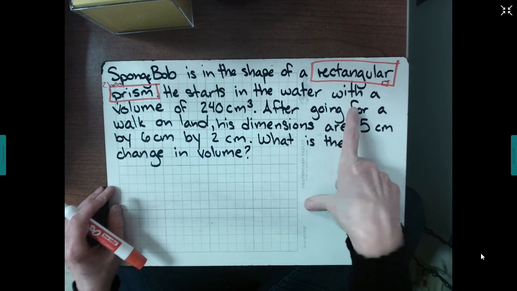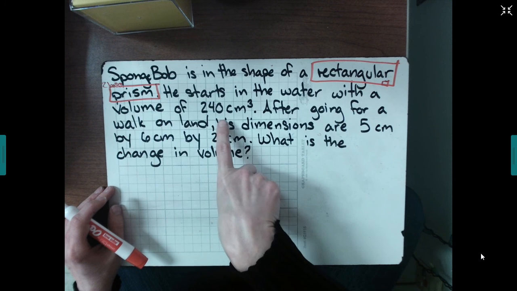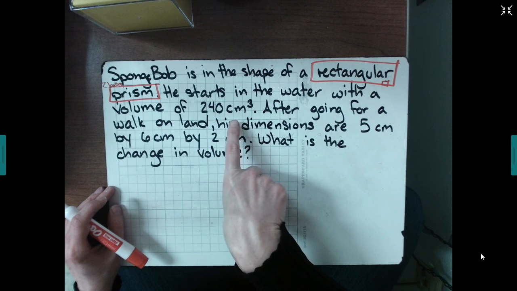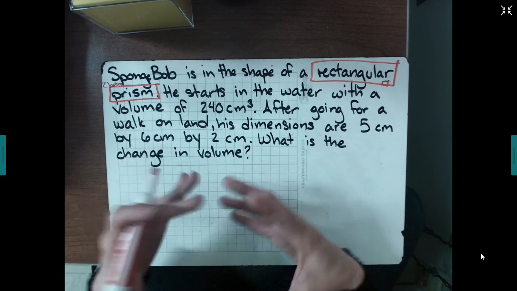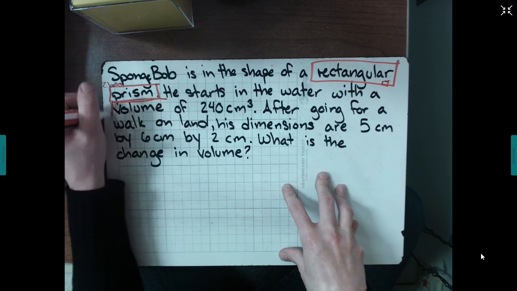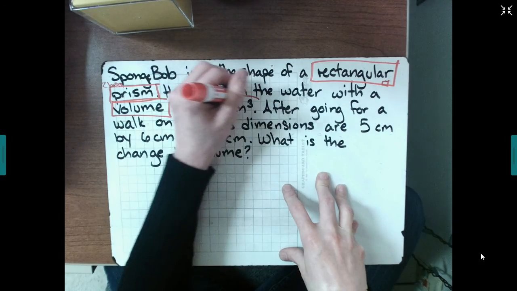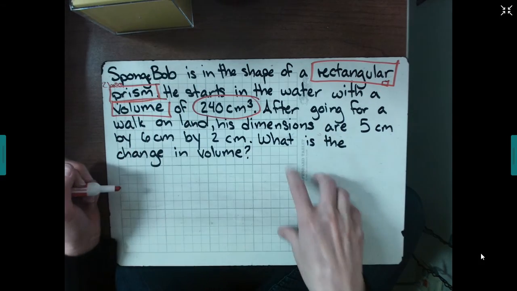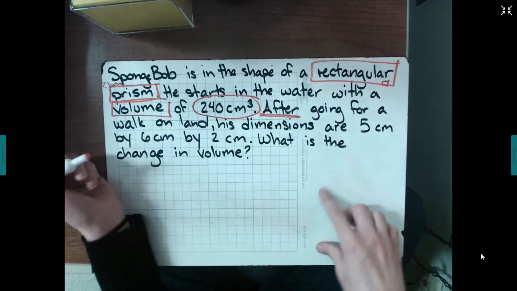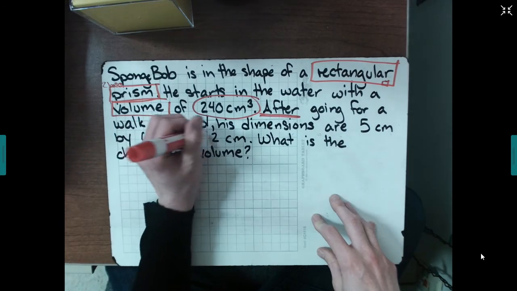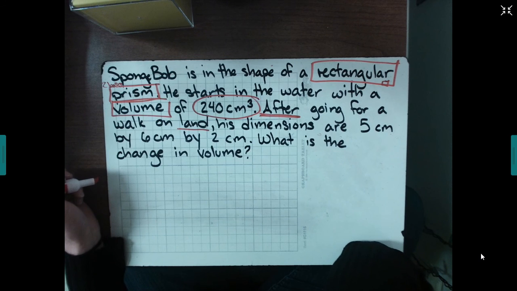He starts in the water with a volume of 240 cubic centimeters. Oh, so he's in the water, completely absorbed in water, and his volume is 240 cubic centimeters. After going for a walk on land, so the sponge is no longer in water. I wonder how that's going to affect him.